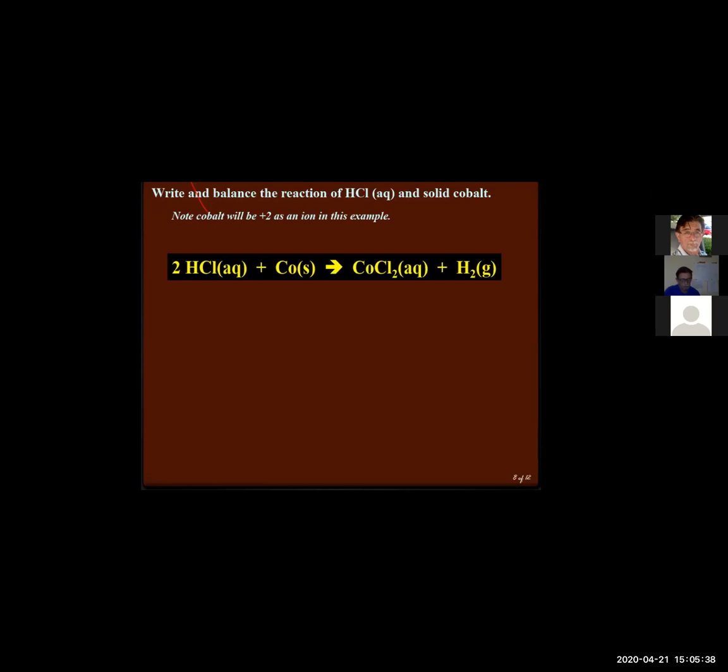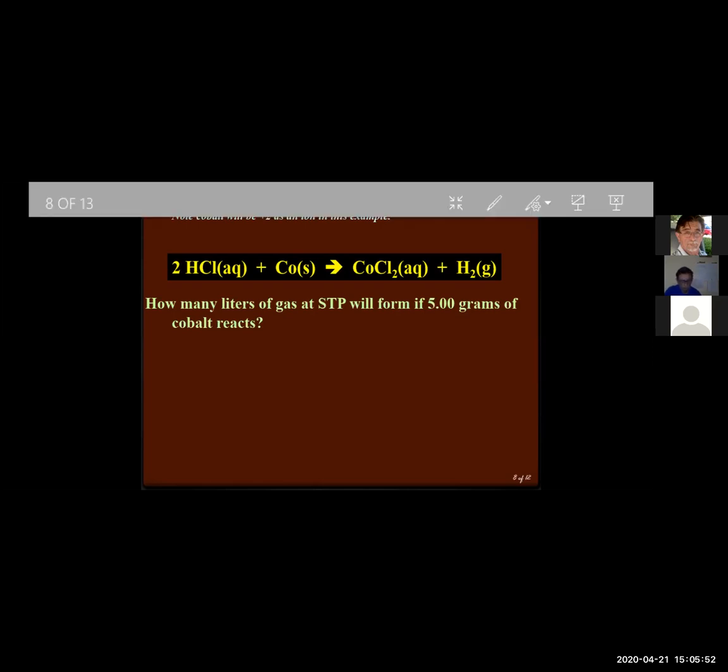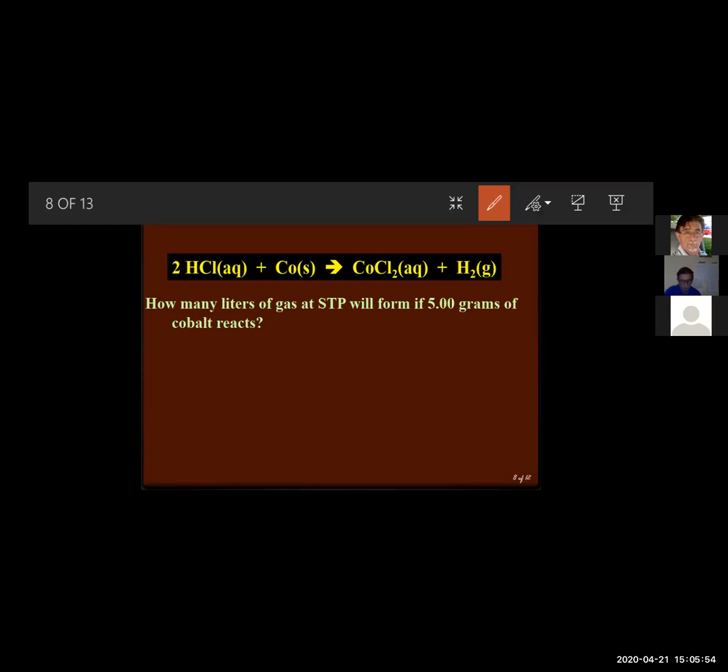They ask you the question here. How many liters of gas at STP will form if you have 5 grams of cobalt reacting? So mark what you're looking for, that way you keep track of where you need to go. They want to know how many liters of gas.